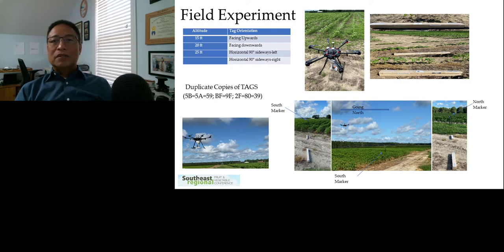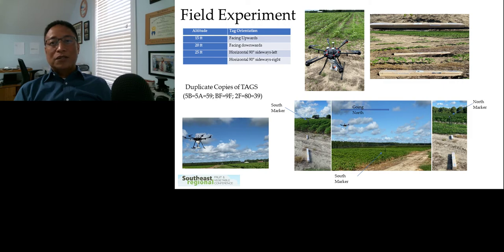The field experiment was designed to evaluate the scan rate of 6 tag designs when the aircraft would fly back and forth at a fixed height over tags on the ground. 2 factors were evaluated: the altitude of the drone and tag orientation. The experiment was designed so data for all treatments could be collected during the same flight.